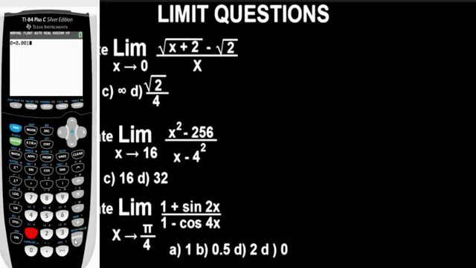We want to store this value as x. So to store it, you press this store button. Then we want to store it as x, press this button for x, then press enter. Once you do it, it will indicate that this value has been stored as x on this calculator.